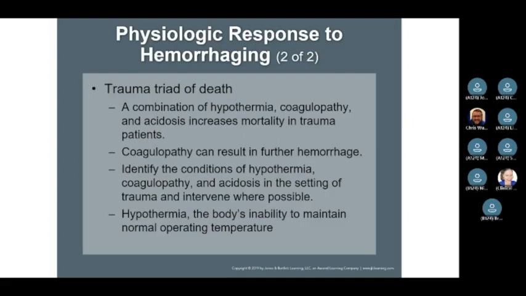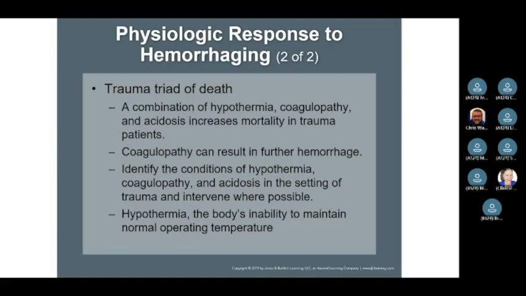The trauma triad of death, which is your acidosis. I see it's fixing to talk about it down here, but I'll just keep going in that case. A combination of hypothermia, coagulopathy, and acidosis that substantially increase mortality in trauma patients.